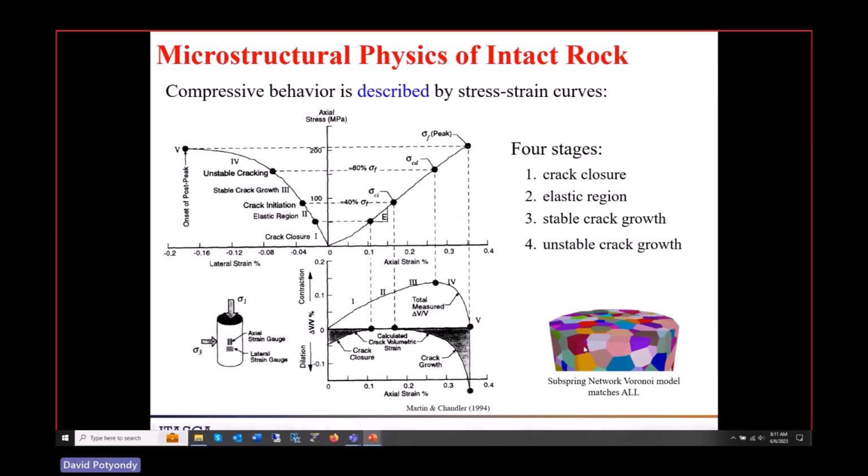But the key thing we needed to do is we needed to have a criteria where these grains can actually break. And what we find happening at this point is when the grains break, they start causing huge amounts of bulking. And that's what's causing this drop then and this reversal in the volumetric strain curve. All right.